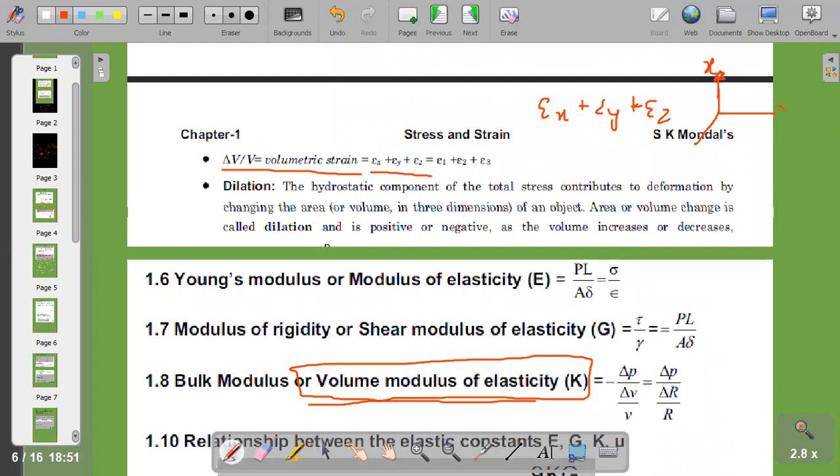Means if a body is there, like say this is the body, whatever the strain in x, y, and z directions, delta x, delta y, and delta z, will give the volumetric strain. This is in 3 axes.